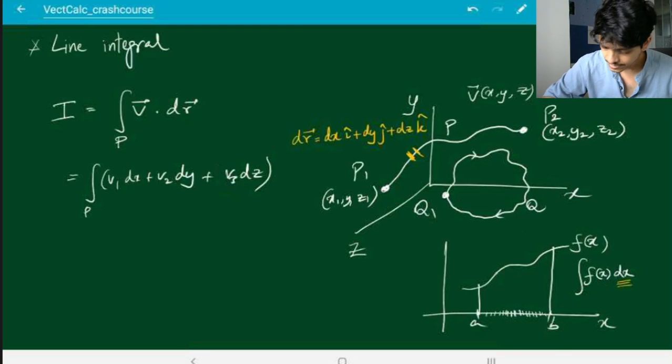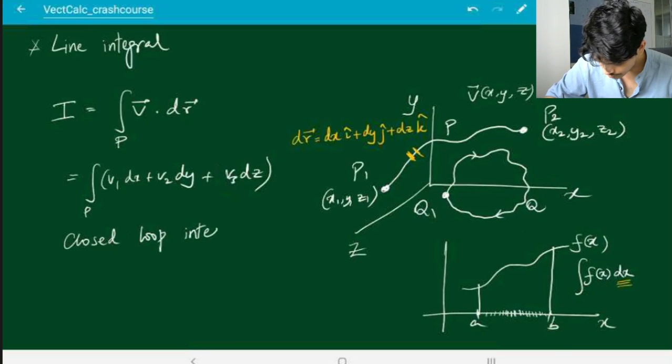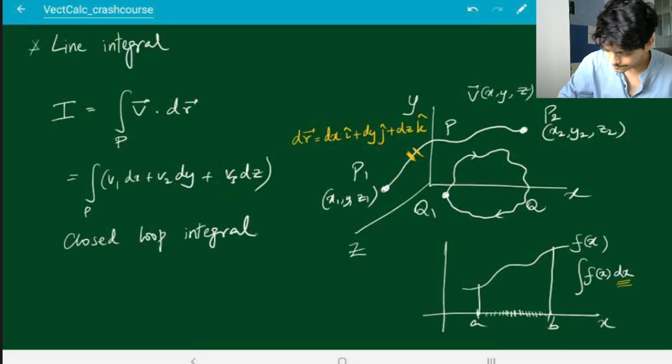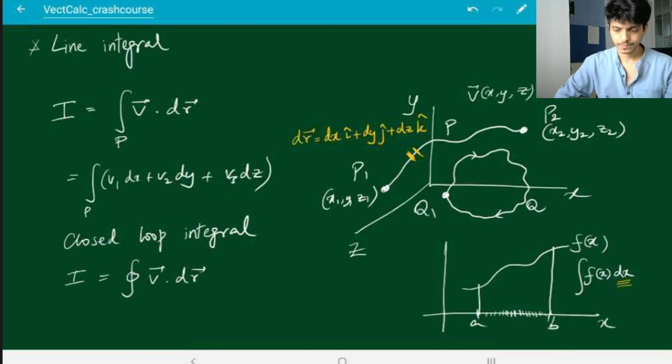So then in that case we say we are doing a closed loop integral. And then the symbol for that is an integral with this closed loop on it. So this is how you do a line integral.